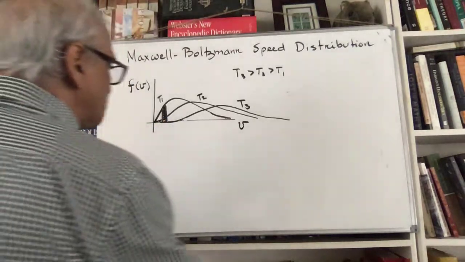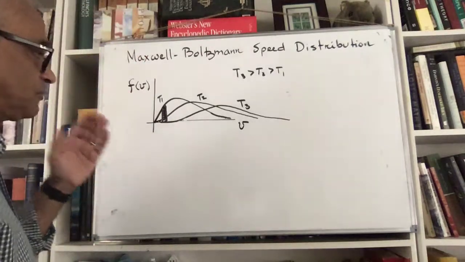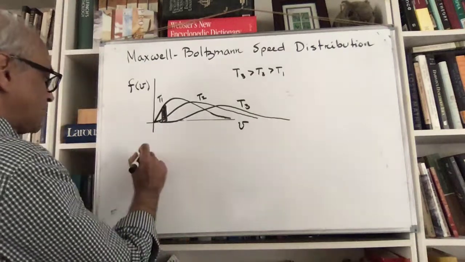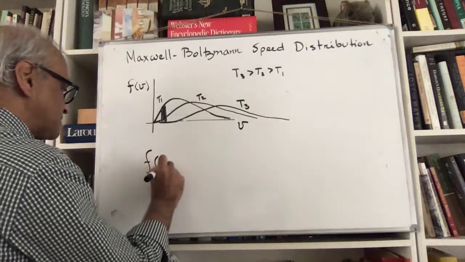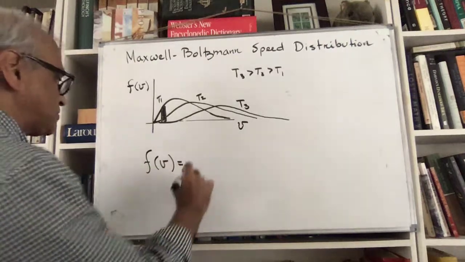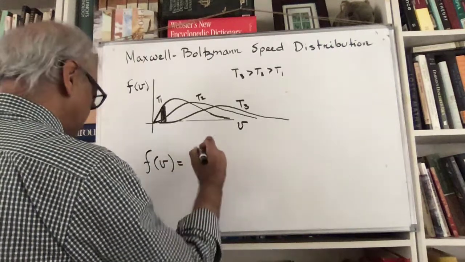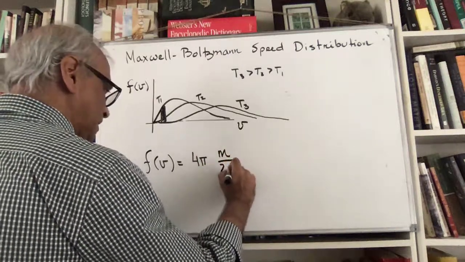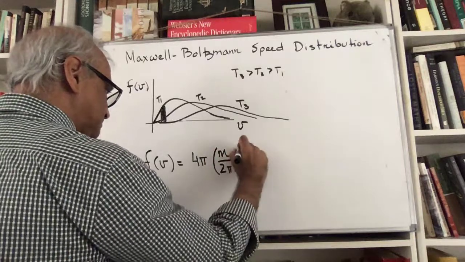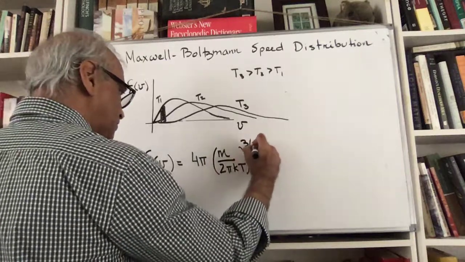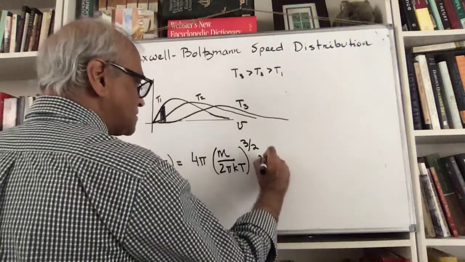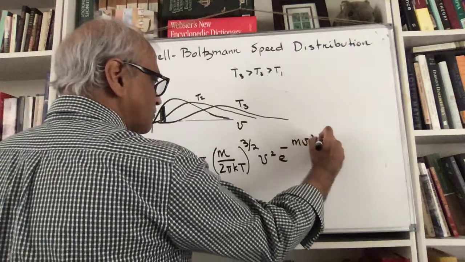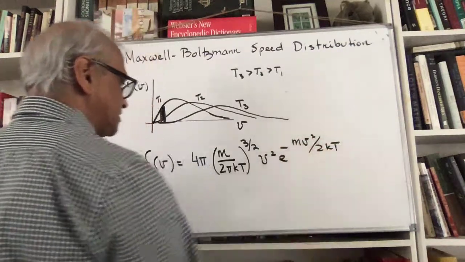Let me just first write down what f(v) looks like. This is my f(v), which is 4 pi times (m over 2 pi kT) raised to the power 3 over 2, then v squared, e to the power minus m v squared over 2kT.